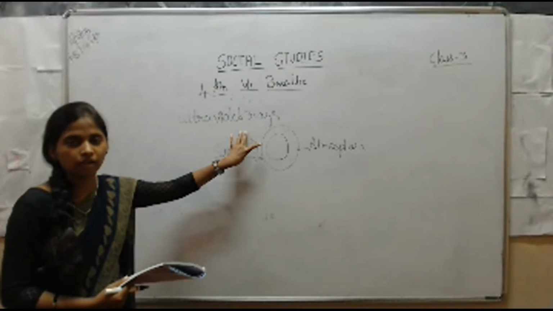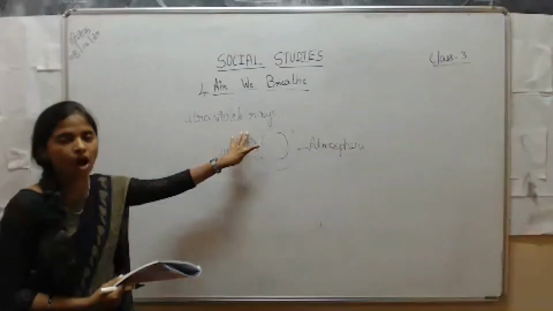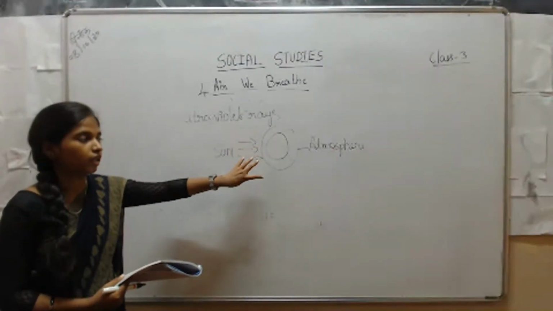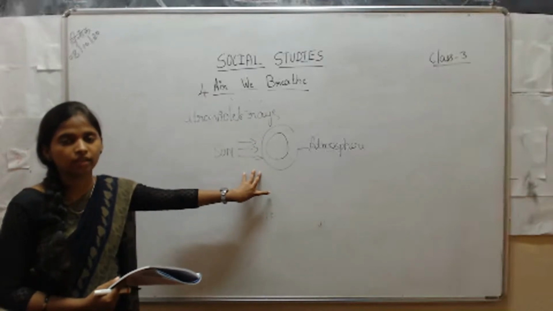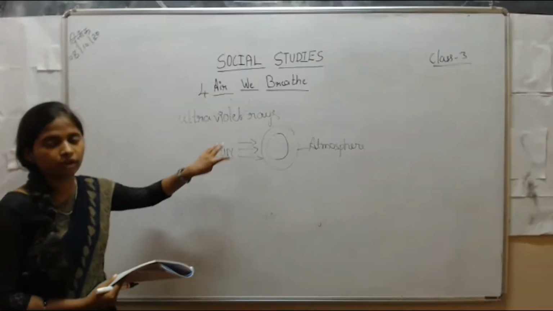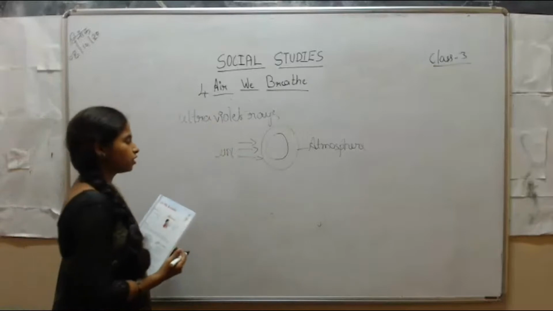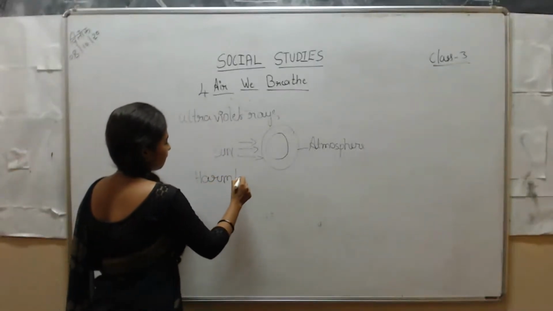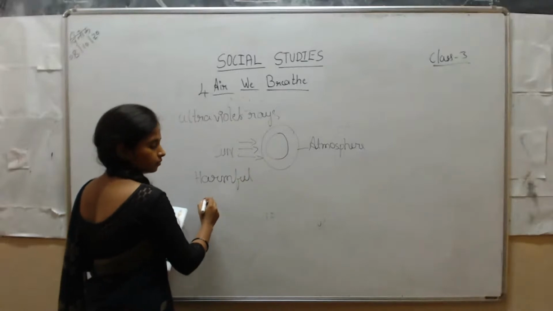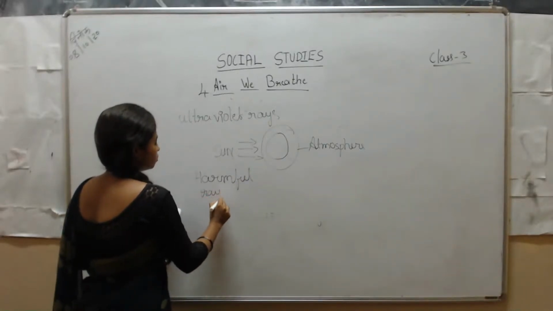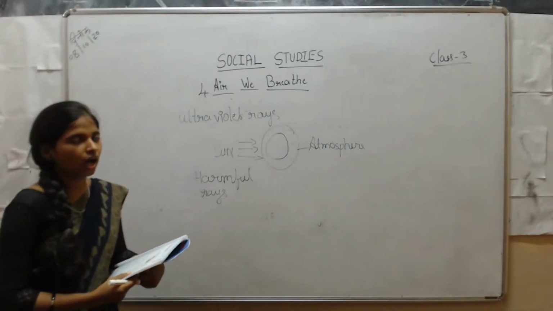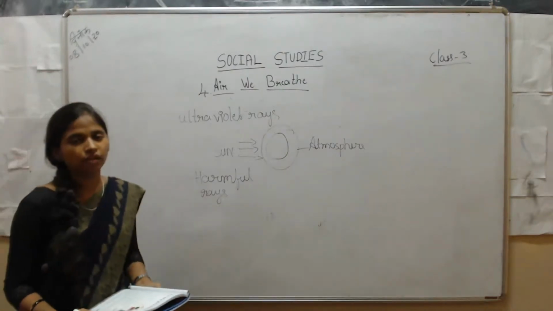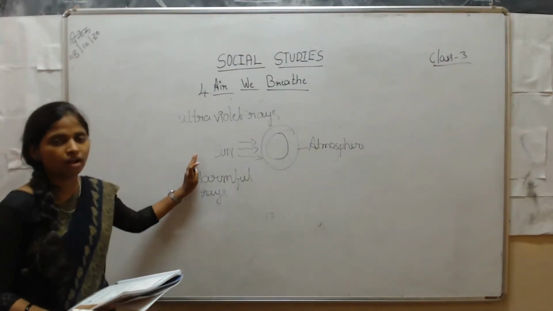What will the ultraviolet rays do? They will harm our body. They give us skin cancer, things like that. These are the harmful rays of the sun. So the sun releases harmful rays, and these are known as ultraviolet rays. The atmosphere will control these ultraviolet rays.